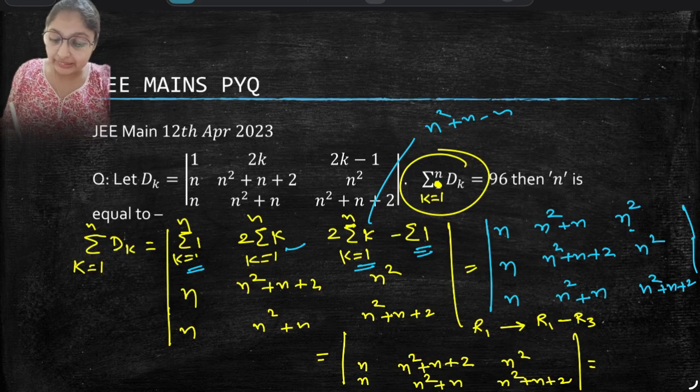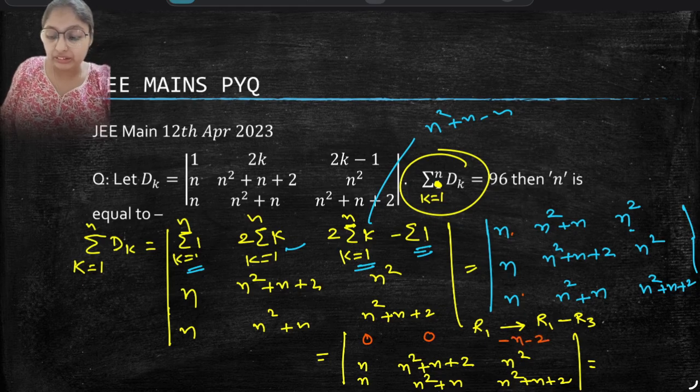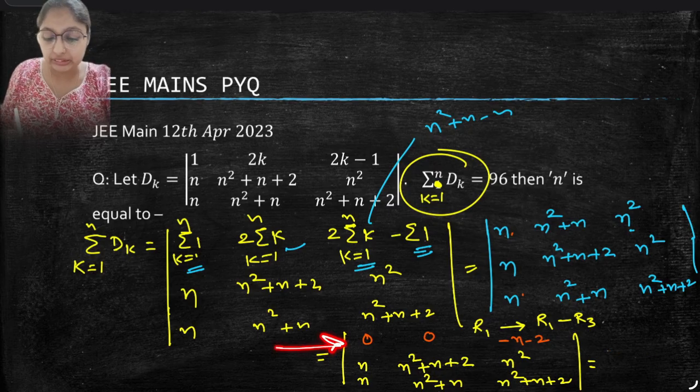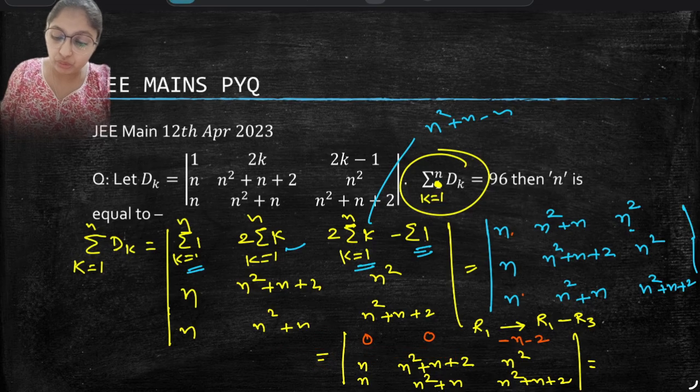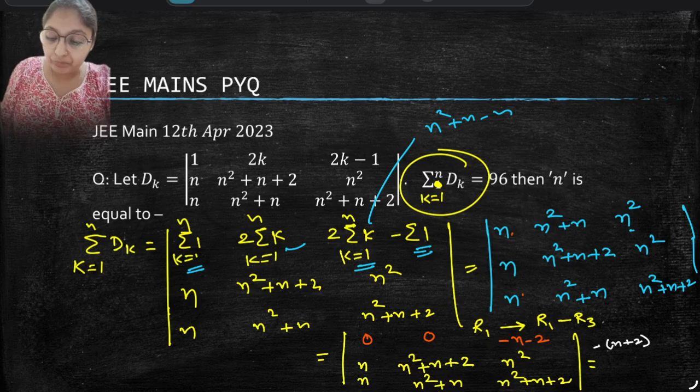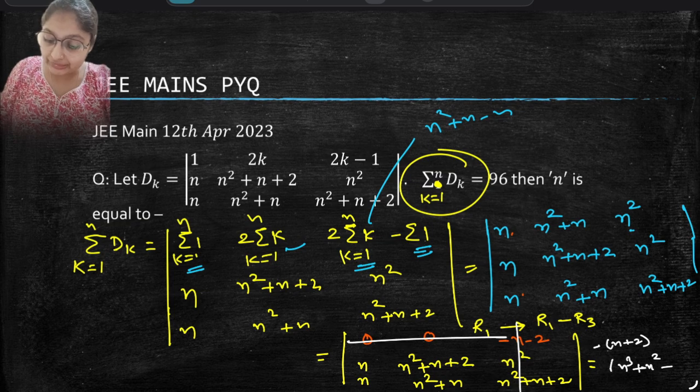So n minus n is 0, n square plus n minus the same gives 0, and here we will get minus n minus 2. Now just expand it. I'll expand through row 1, since in row 1 we have 2 zeros. If we expand through row 1, we will get minus n plus 2 into n into n cube plus n square minus n cube minus n square minus 2n.